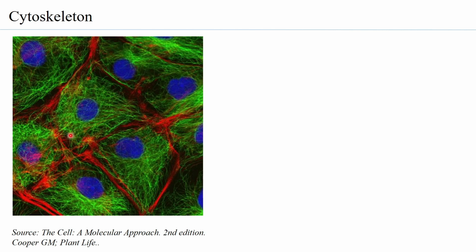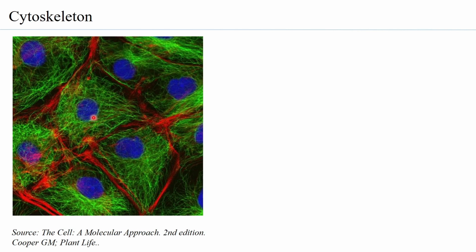Also, what is very clear is that the cytoskeleton is traversing the entire length and breadth of the cell. It is not present only in one part, but all three cytoskeletal components together form a very delicate and yet very strong meshwork, or network.